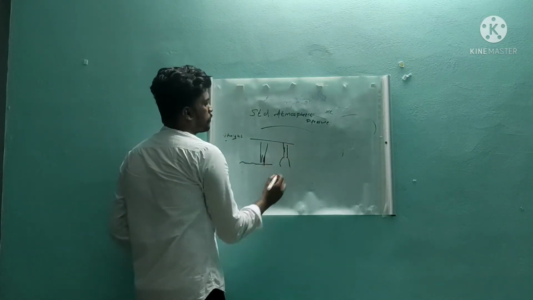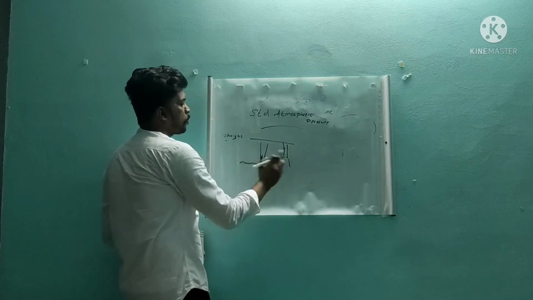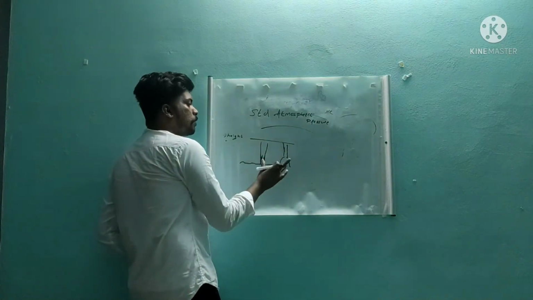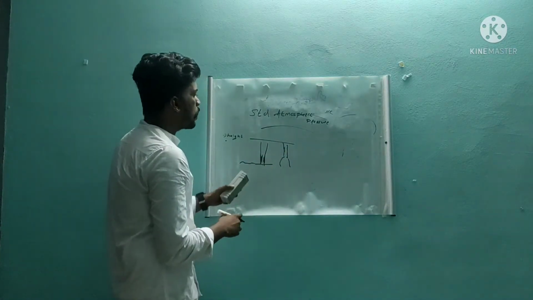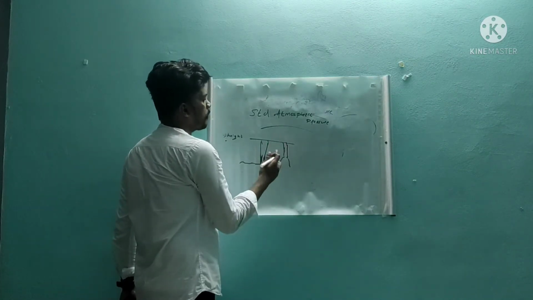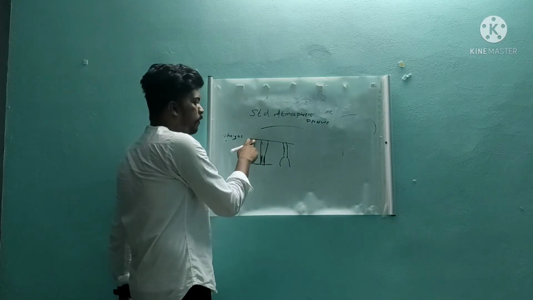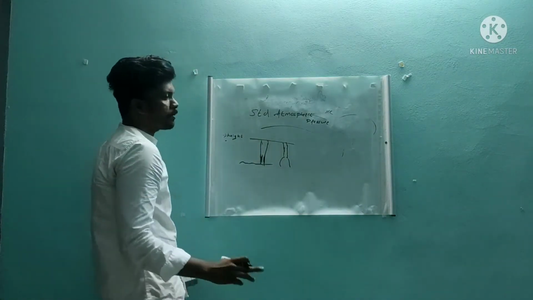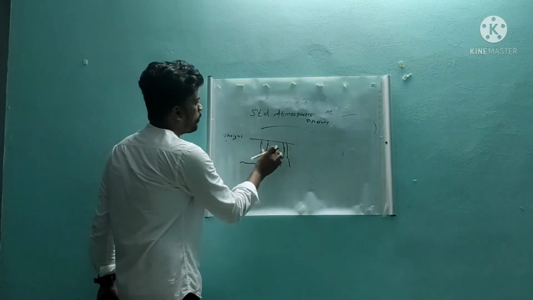You can understand through this figure. Height will be different in both cases, and atmospheric pressure is also different, because this is the boundary of the atmosphere.